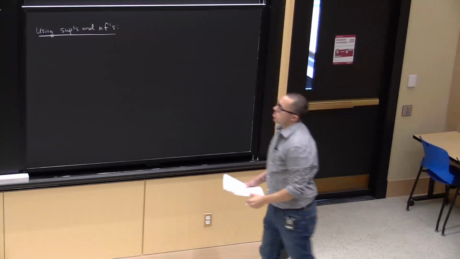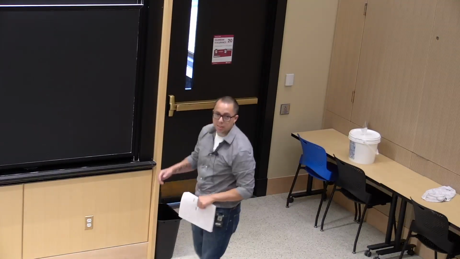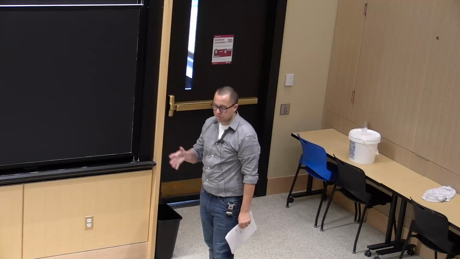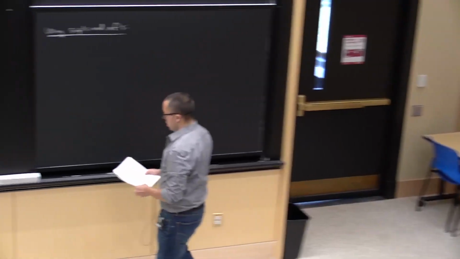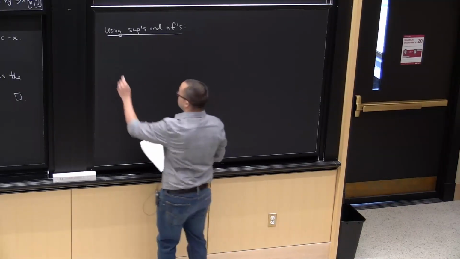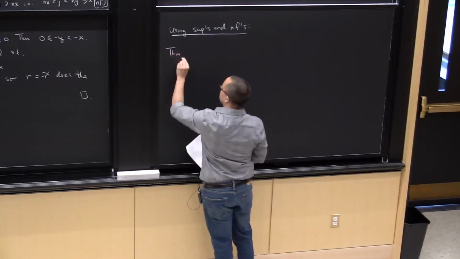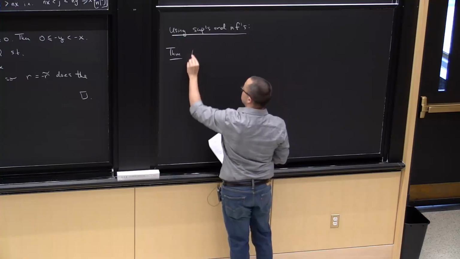What I'd like to do is state a different way to verify that a number is a sup of a set or the inf of a set. I'm just going to state it for sups, and there's an analogous statement for infs. So the theorem is this, and this will actually be on the assignment.